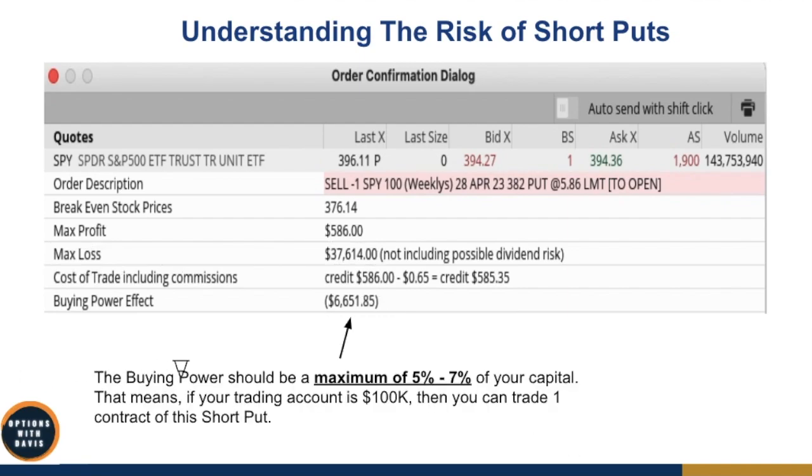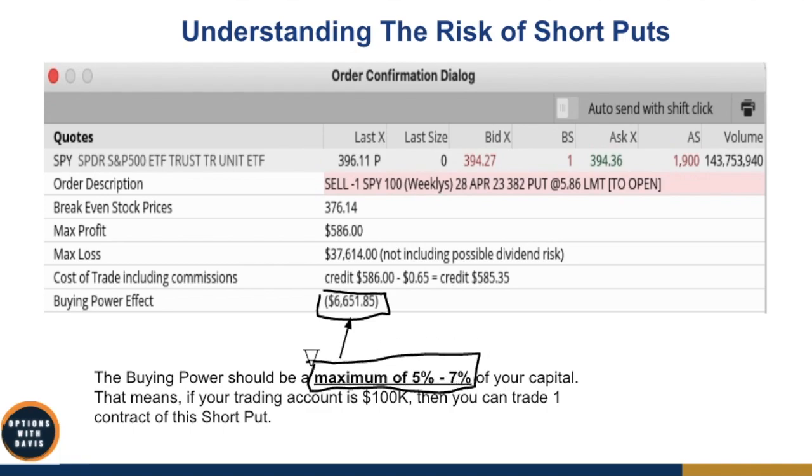So the buying power should be a maximum of 5 to 7% of your capital. That means if your trading account is $100,000, you can only trade one contract of this short put. So in the event the market really crashes and you actually hit this loss, this is where you need to get out of the position, to prevent it from growing even bigger. So the most that you will lose is actually only 5 to 7%.